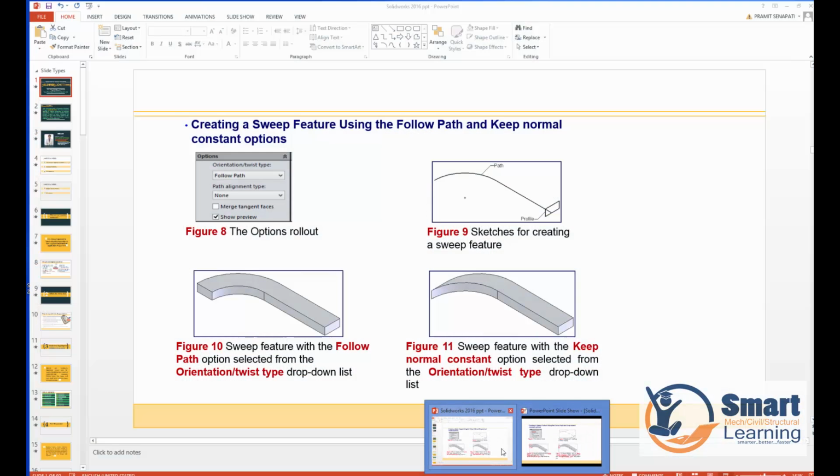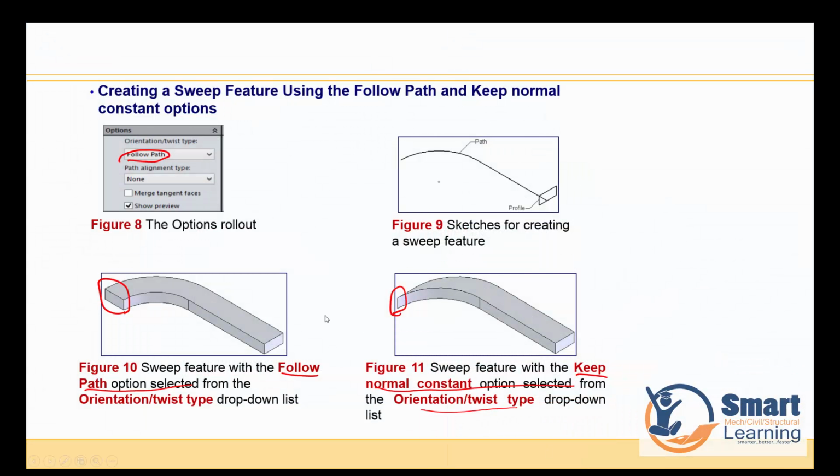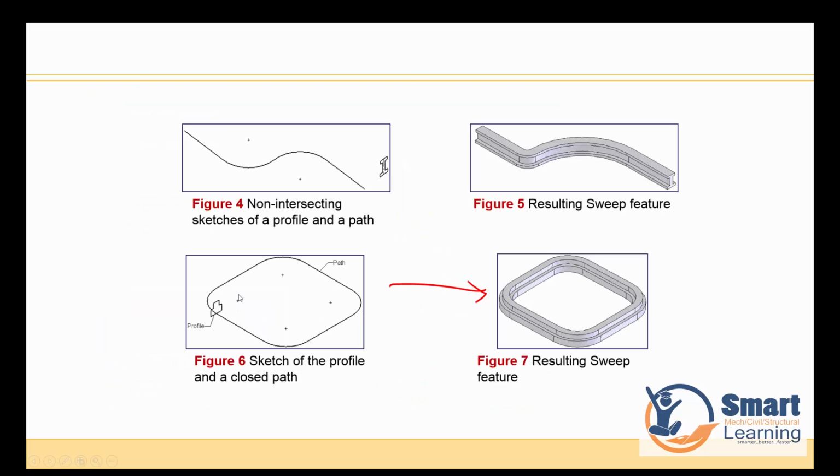And if you follow what I was discussing here with follow path, this is another example, but if you directly see this particular case, the resulting sweep will be this one. And in case your profile is closed also, this is the case.